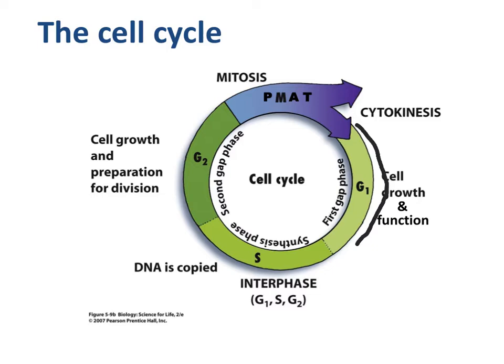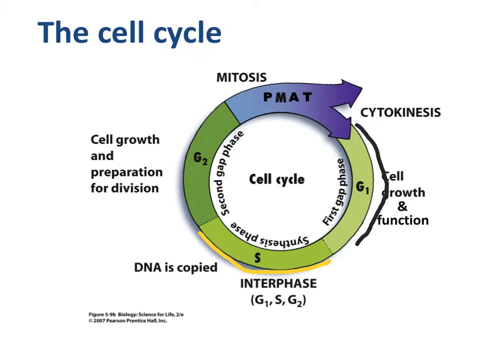This is where the cell does what it does. If it's a muscle cell, like I said, it functions as a muscle cell, makes all the proteins it needs, all that kind of stuff. During interphase, it's called gap phase. It's the first gap phase. You don't have to know why.